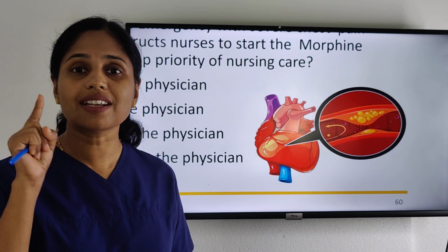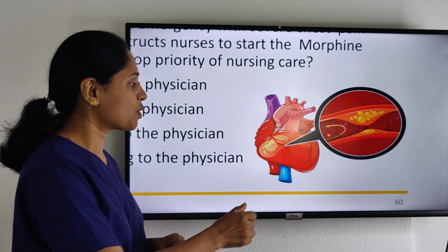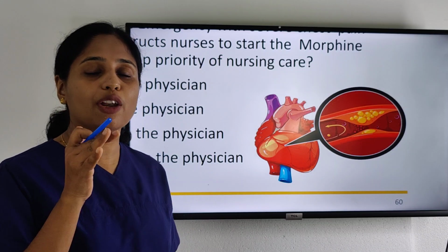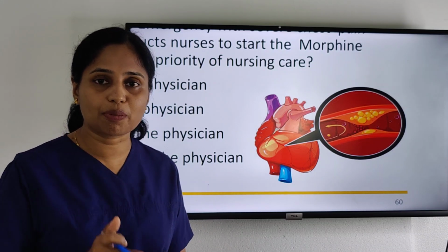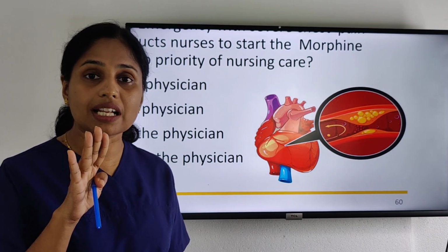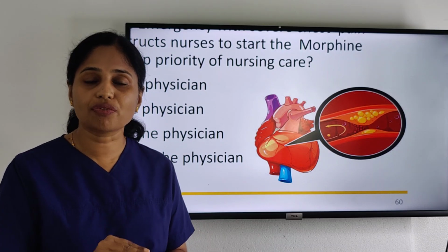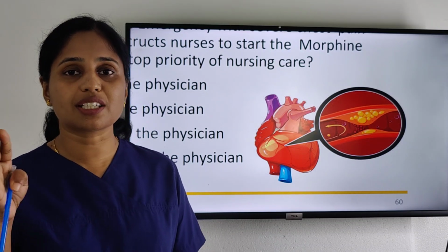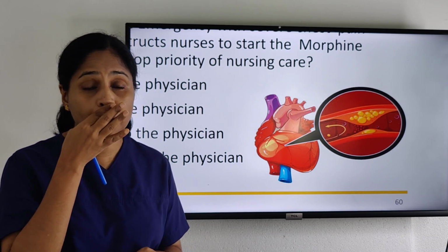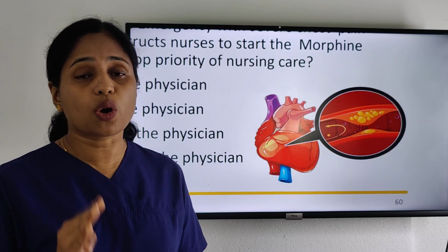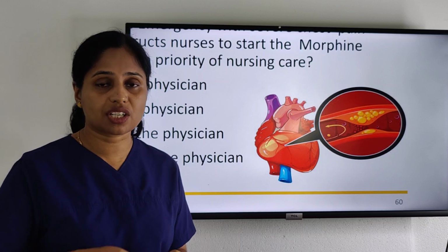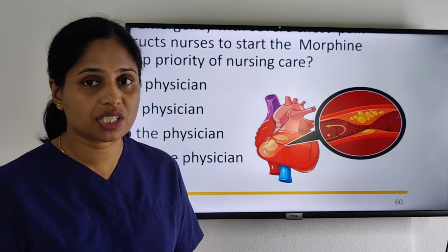Myocardial tissues are responsible for contraction, so cardiac contraction gets affected because of the myocardial cell damage, and when lactic acid accumulates in the myocardium, it causes severe pain. So ultimately this is because of deficiency of oxygenated blood to the myocardium. Basically this is because of deficiency of myocardial oxygenation. Clear? So since it is because of oxygenation deficiency, you need to start oxygen.